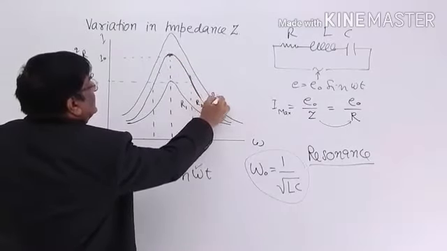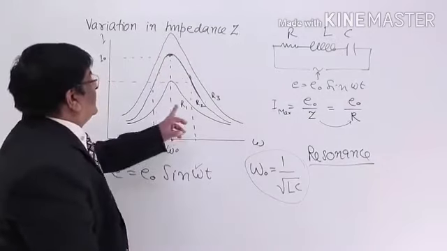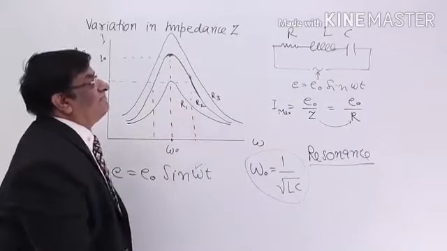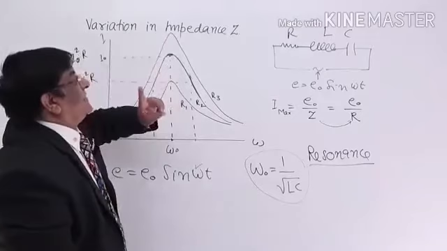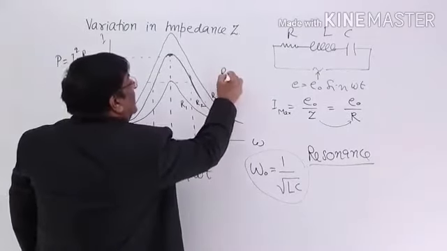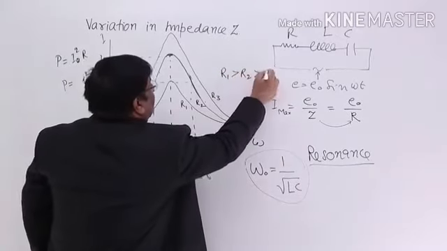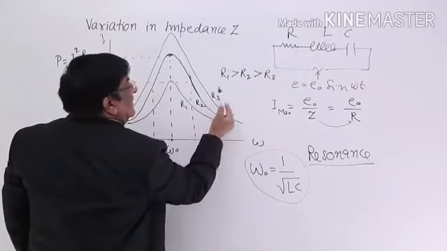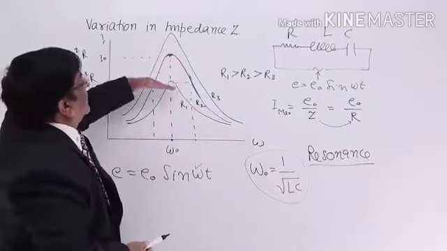This is with resistance number 3, this is the peak value. Can you tell me what is the order of resistance? Which is more and which is less? The answer is, when the current is maximum, the resistance has to be minimum. So in this case, R1 is larger than R2, which is larger than R3. So R3 is minimum, R2 is larger than that, and R1 is larger still, so that current becomes minimum.